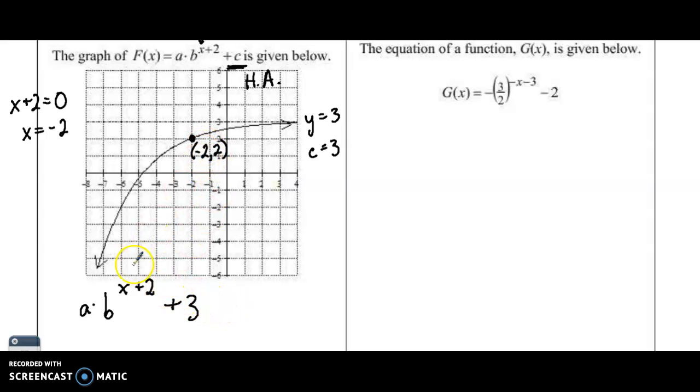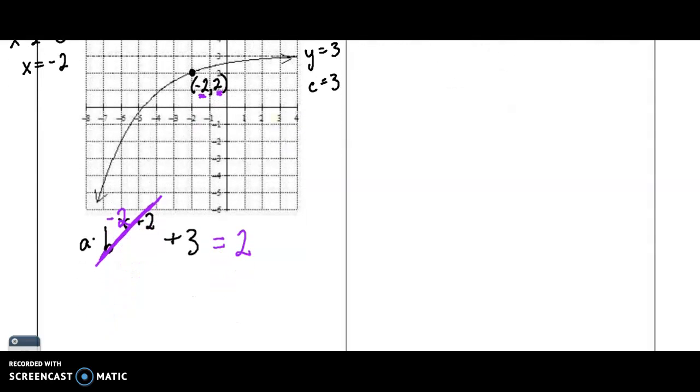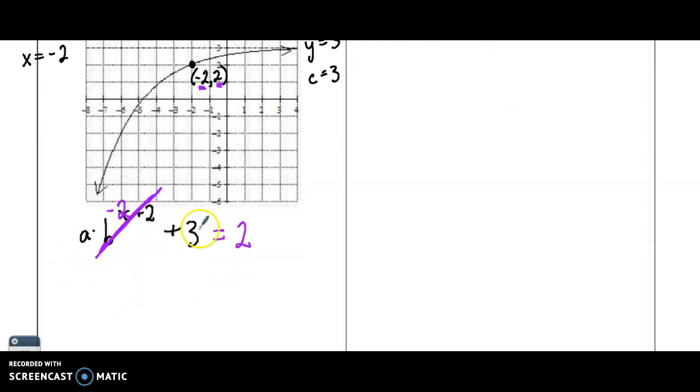I'm going to plug in -2 for this x, and I have a y value of 2. The reason I chose -2 is -2 plus 2 is 0, and b to the 0 power is equal to 1. So now a plus 3 equals 2. Well, if I subtract 3 over, a will equal -1.